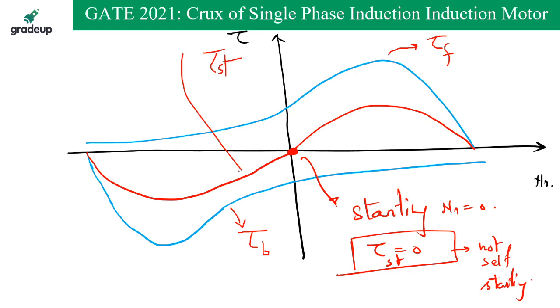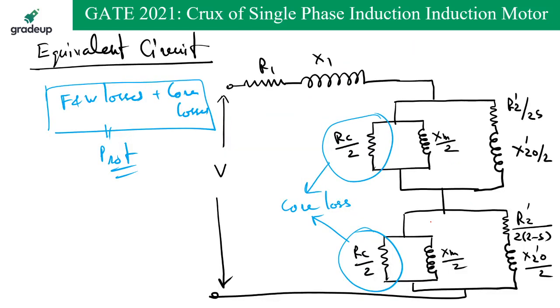And with this starting torque variation, you can very easily understand that during starting, the torque is 0. And this is the reason, the pulsating field is the reason why the single phase induction motor is not self-starting.